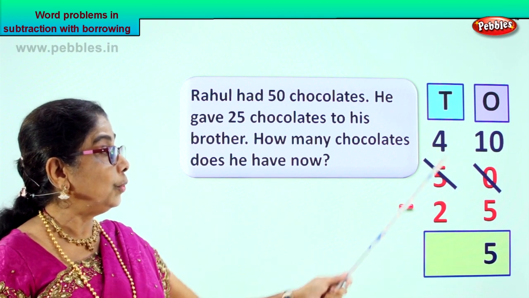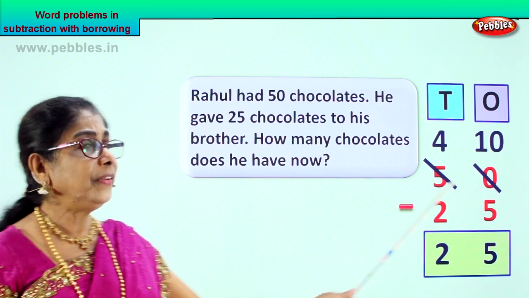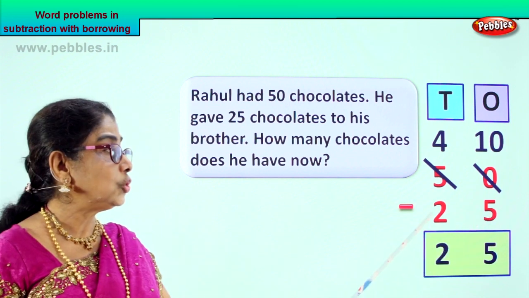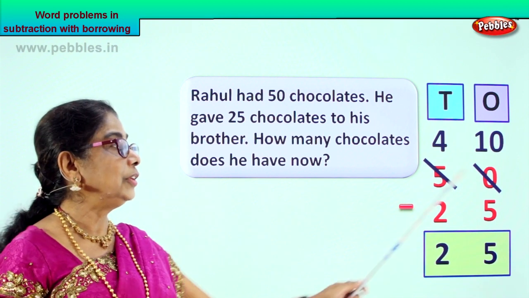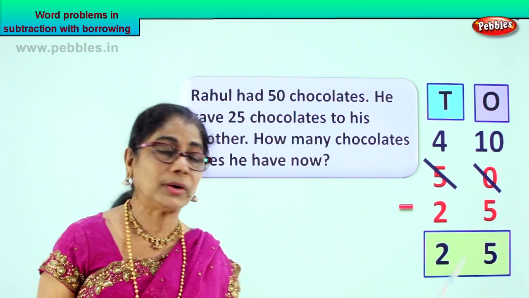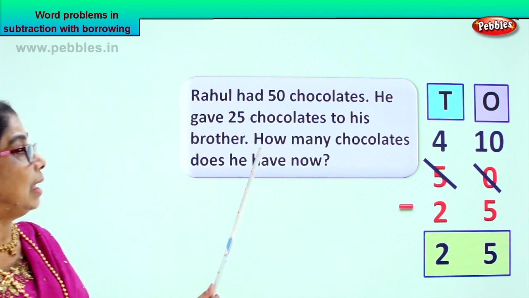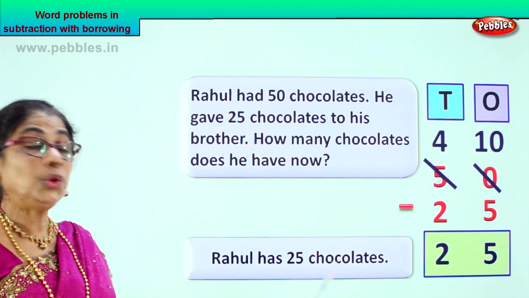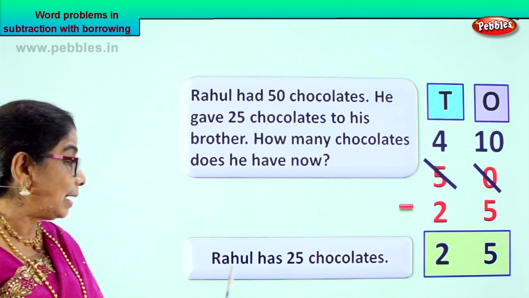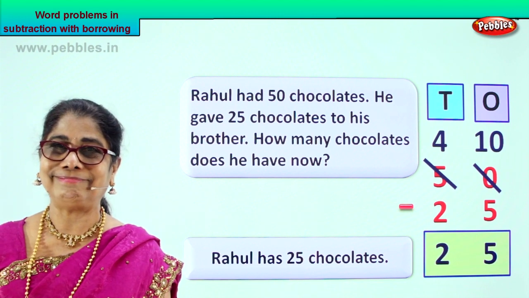So, 4 minus 2 is 2. 50 minus 25 gives you 25. 50 chocolates, take away 25 chocolates. Answer is 25. What is the question? How many chocolates does he have now? He has 25 chocolates. Rahul has 25 chocolates with him now.